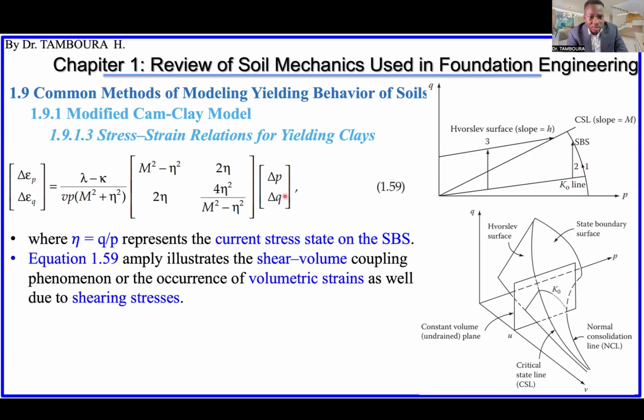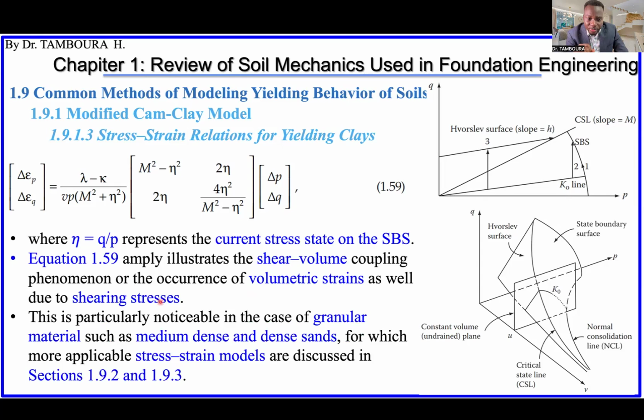This equation can also illustrate the shear-volume coupling phenomenon, the occurrence of volumetric strain as well. See, the volume is here. This is due to the shearing stress.